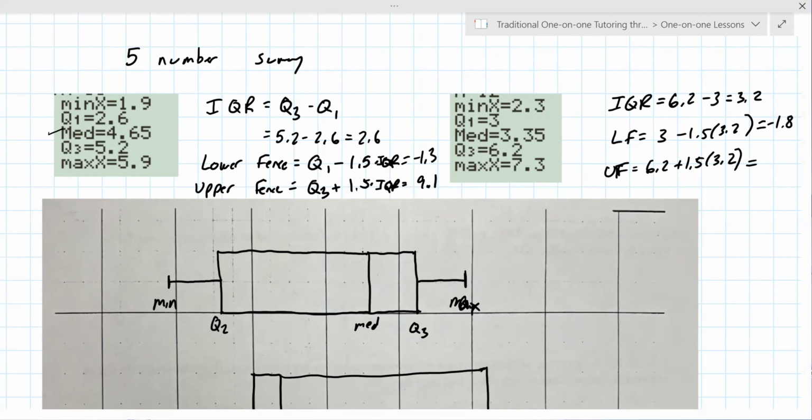I don't know if you're calculating that, but let me calculate for yours. It's 11. 11's bigger than that. So what we're looking for, let's say the data set had a number like 12 in it, then you would know there would be an outlier because it's above that.